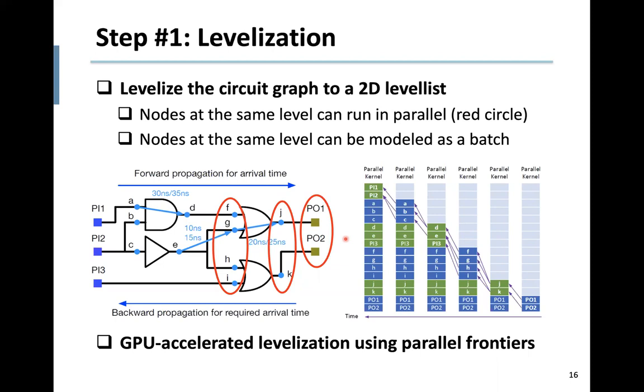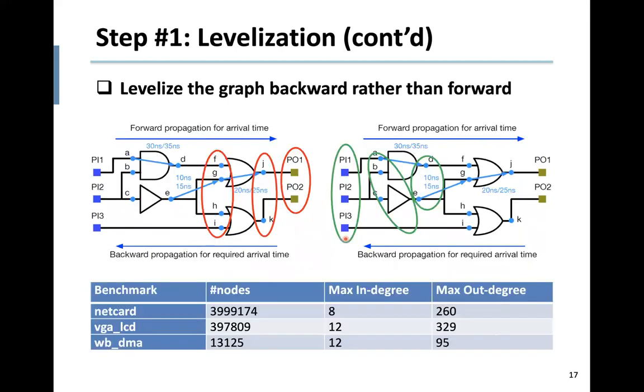You are not going to have much coalescing and not a lot of threads in this case. I guess as it keeps expanding, you might have more threads. Yes. This depends on the circuit structure, and we do have an optimization, but I did not talk about those details. We do have an optimization that tries to maintain coalesced memory access during the levelization.